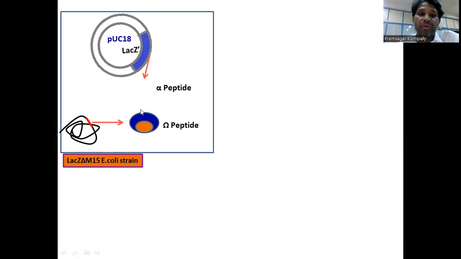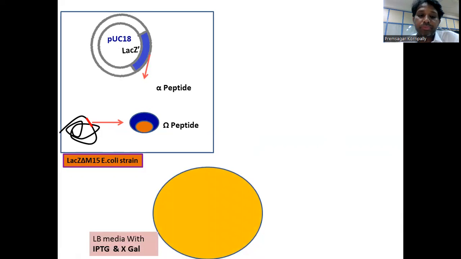So the bacteria transformed with the pUC18, if you grow these E. coli on a media with X-gal and IPTG, such colonies look blue in color, right? Because the functional tetrameric beta galactosidase is formed with the help of the genome as well as the vector.